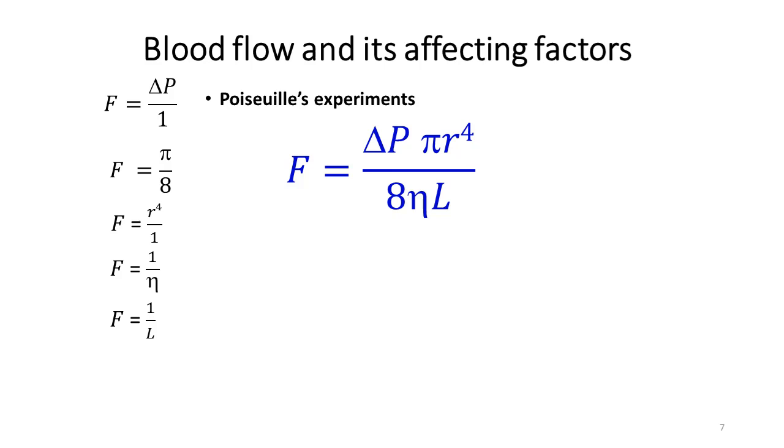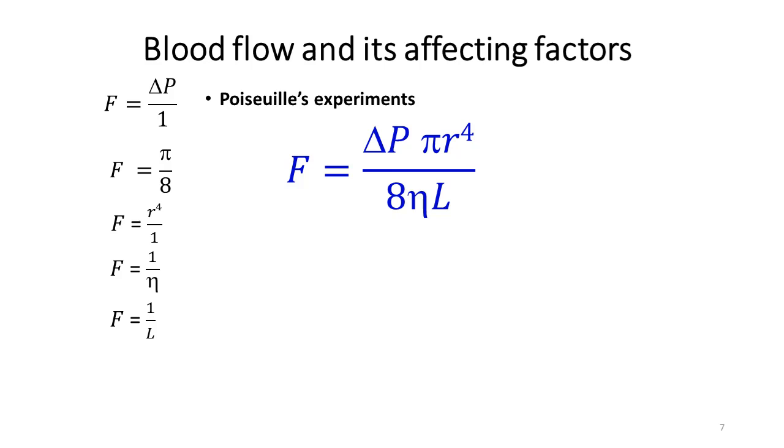So this shows that a little increase or decrease of the radius has a great effect on the blood flow. A small change in radius can greatly increase or decrease the blood flow.